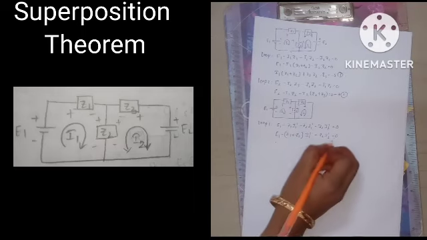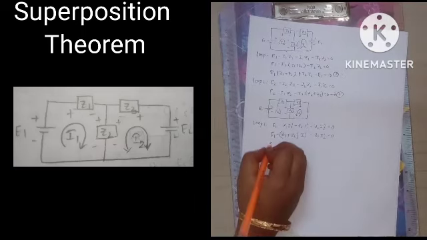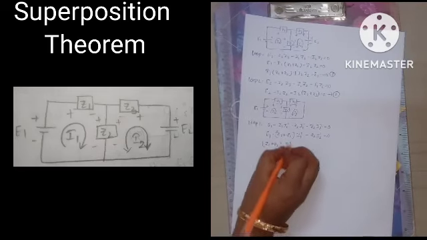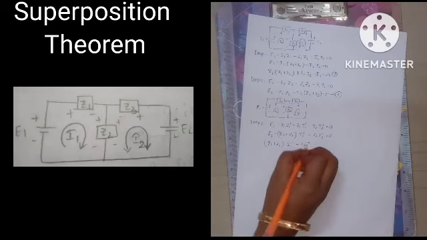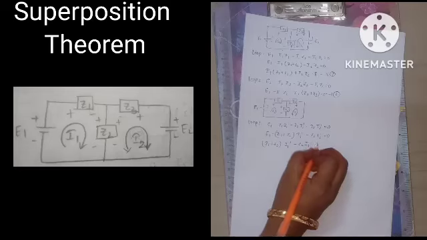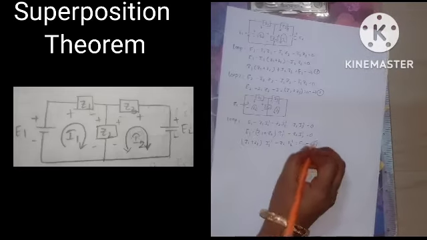Now E1 is transferred to the other side: (Z1 plus Z2) I1 dash plus Z2 I2 dash is equal to E1. This is the third equation.